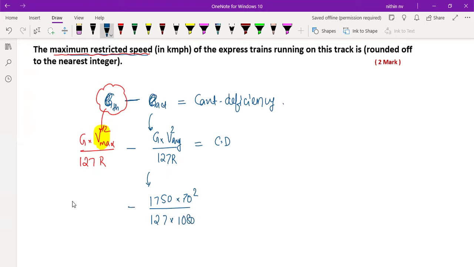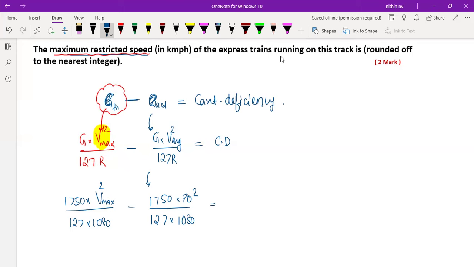So minus, this value is also 1750 into this Vmax, which is what we need to calculate, Vmax square by 127 into 1080. Okay, all remaining values will be the same except these speed values, right? One is maximum, the other one is average.